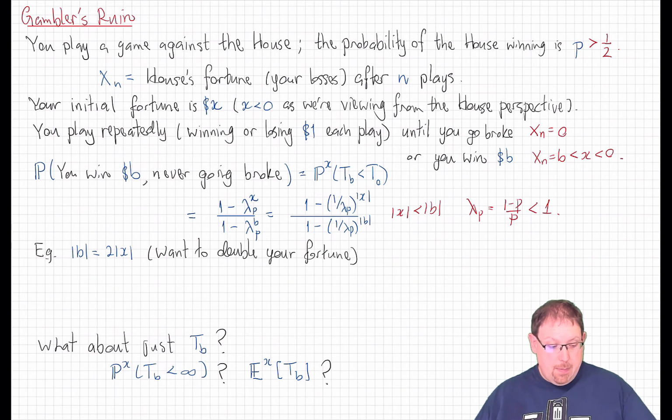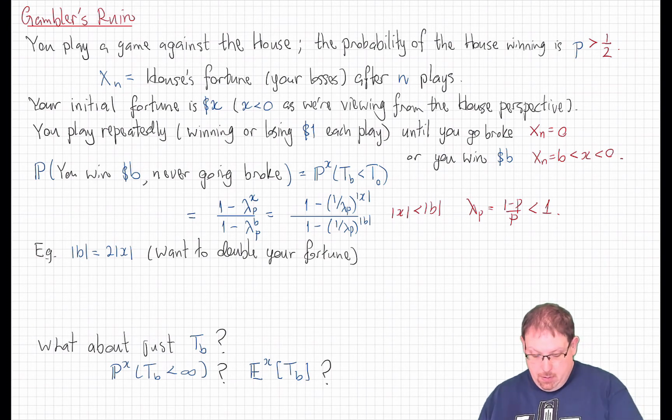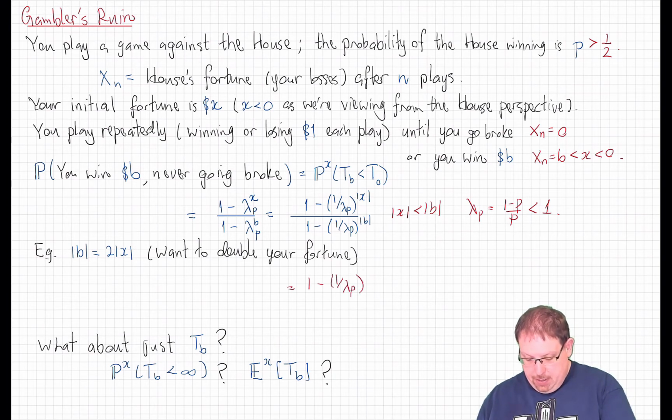In particular, let's look at the case where b is 2x. That is, you want to keep playing until you double your money, or go broke, whichever comes first. Well, in that case, this formula here gives 1 minus 1 over the reciprocal of lambda p to the x, divided by 1 minus 1 over the reciprocal of lambda p to the 2x.